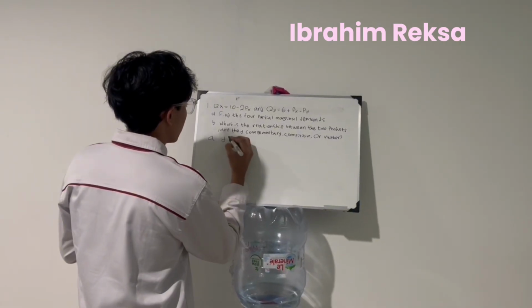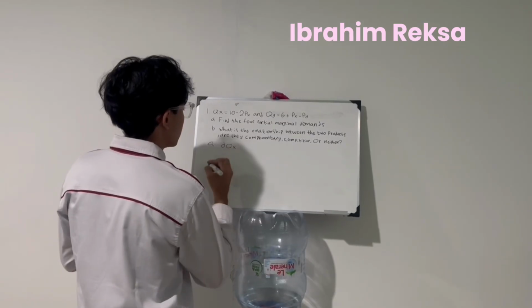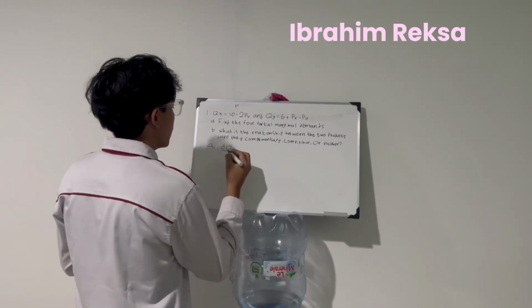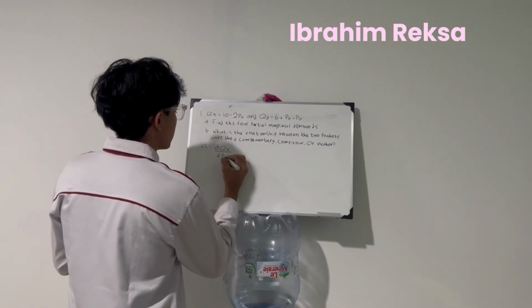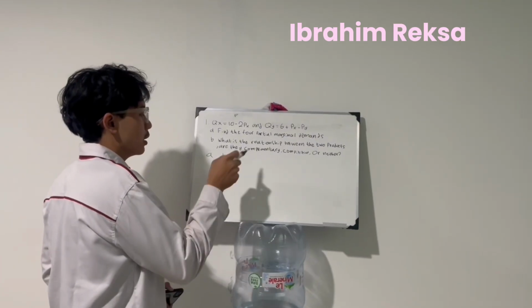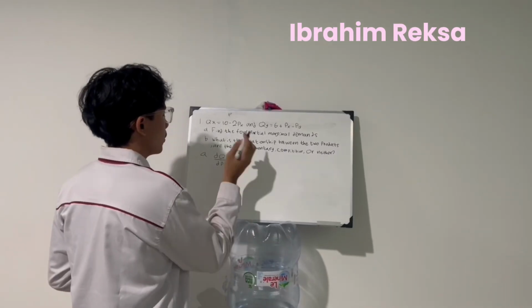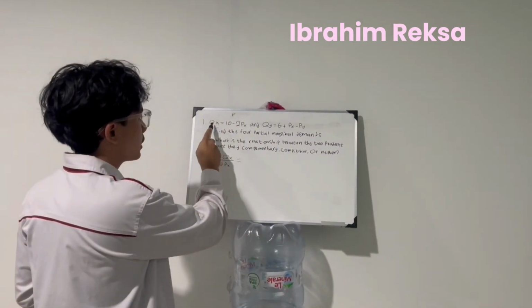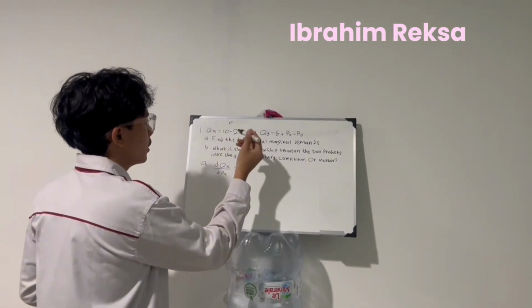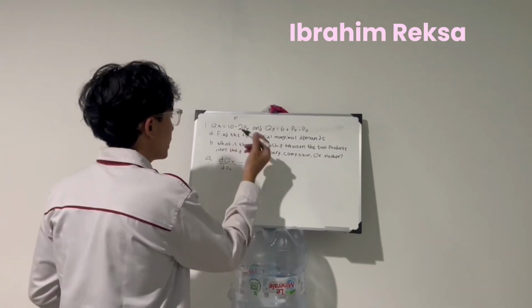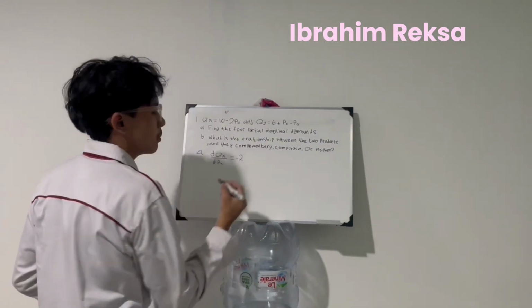So ∂QX/∂PX equals, from what we see in product X, the price X term is only 2PX. So when we differentiate it becomes 2, minus 2, my bad, minus 2.